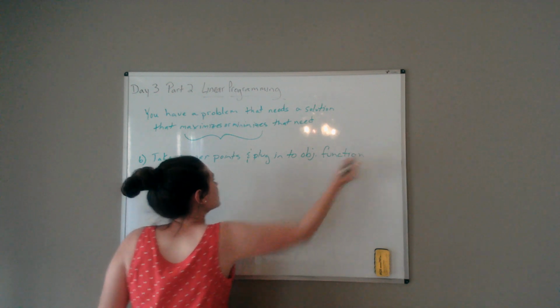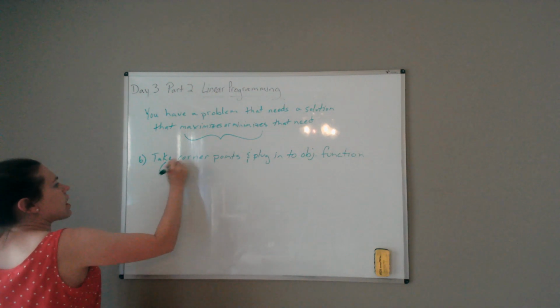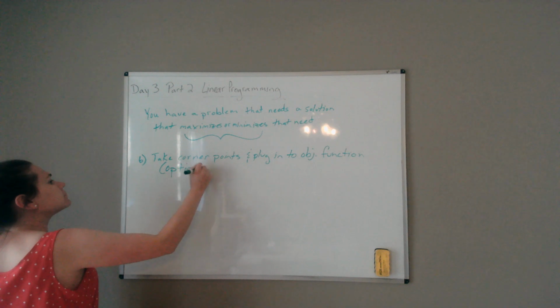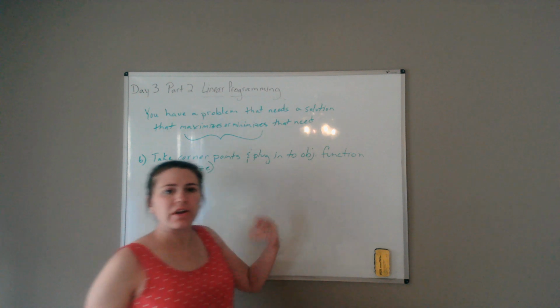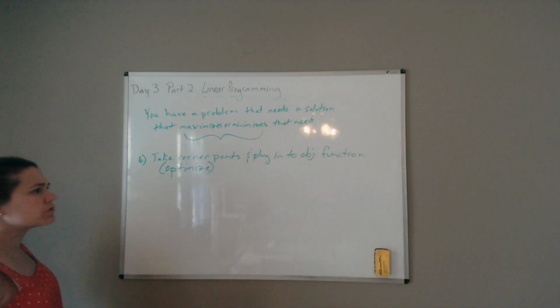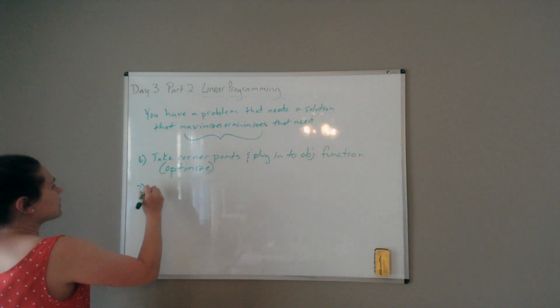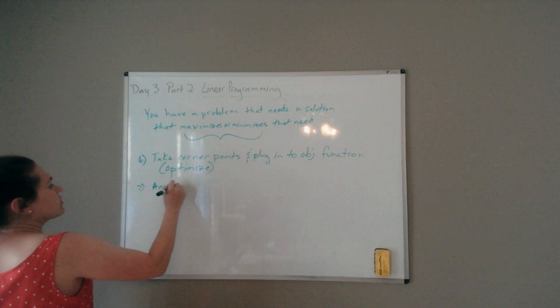This is called the optimizing part. You're taking all of those corner points and you're figuring out which one gives you the maximum or which one gives you the minimum, and then number 7, you answer the problem.